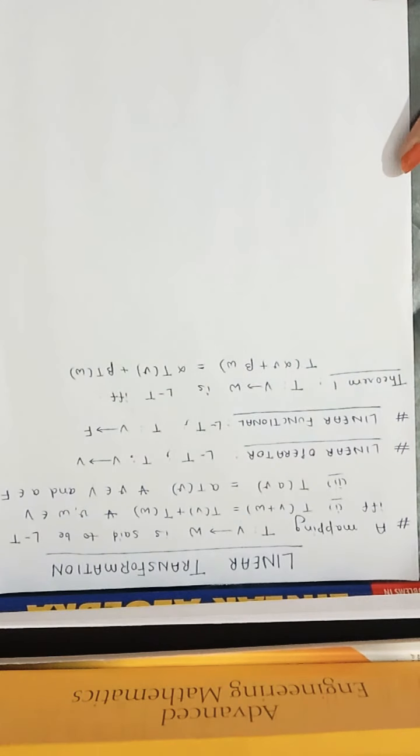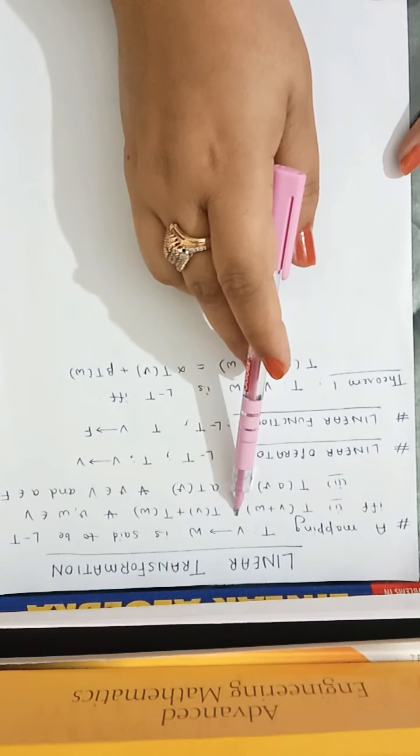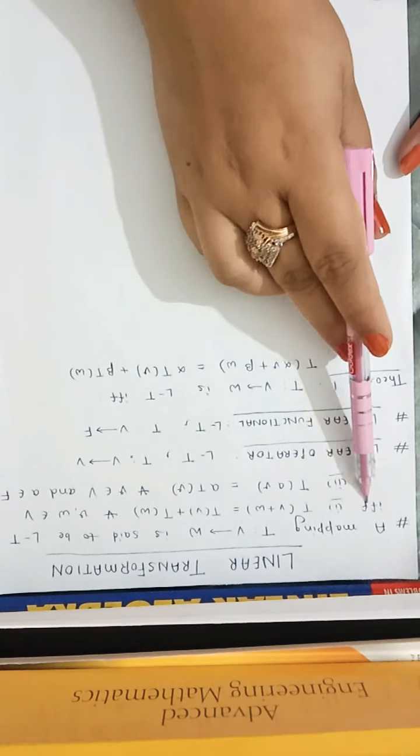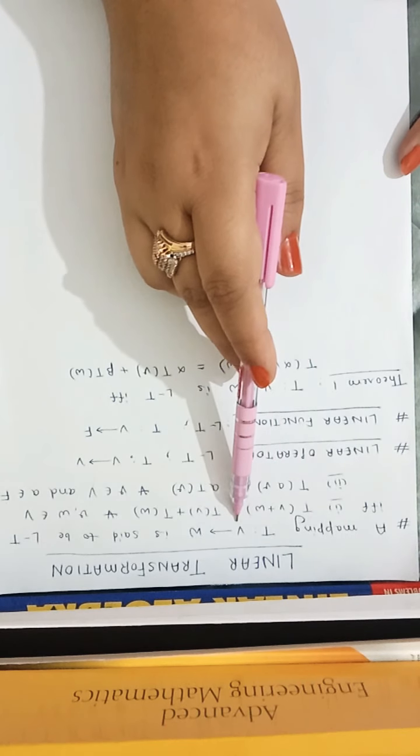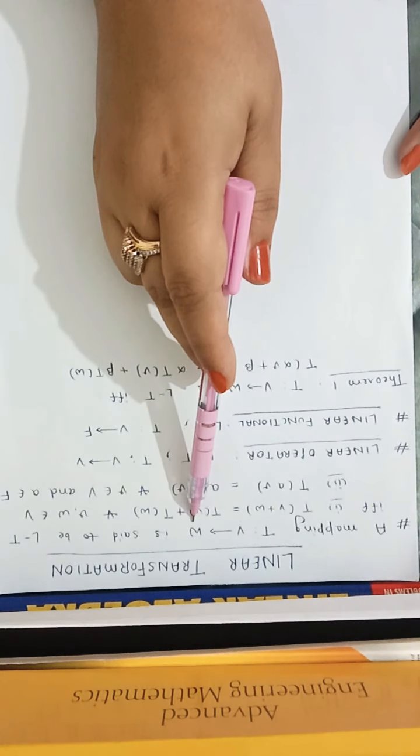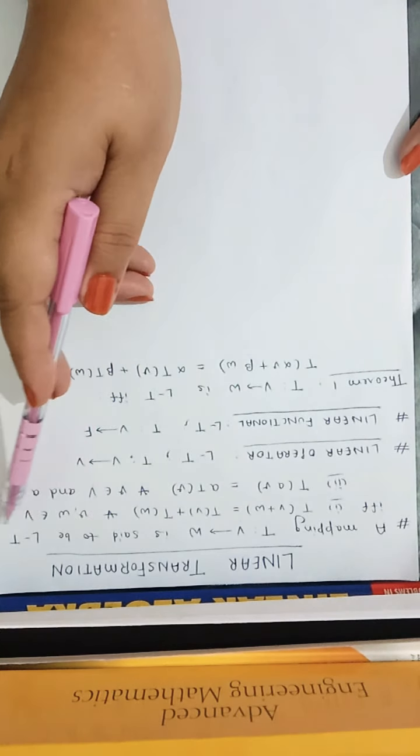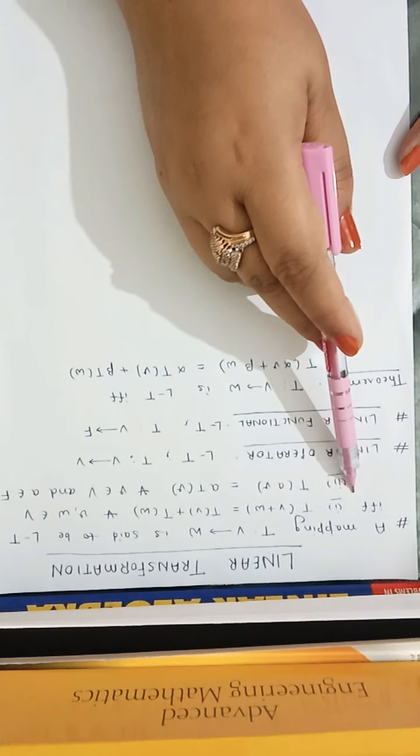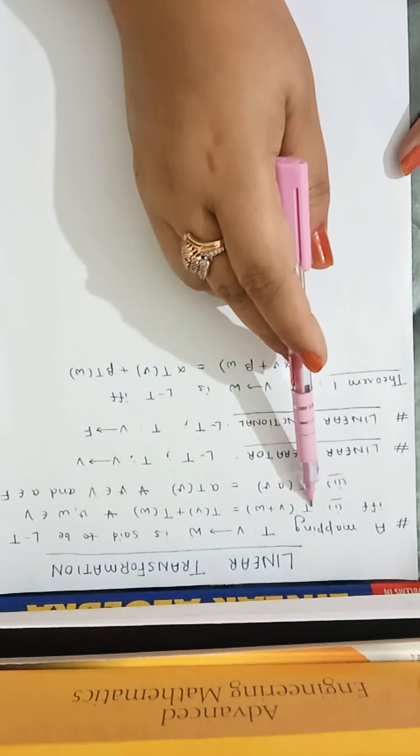Now, we have to start the next topic, linear transformation. As we discussed already the vector spaces, a mapping T from vector space V to another vector space W is said to be a linear transformation if and only if it satisfies the two properties.